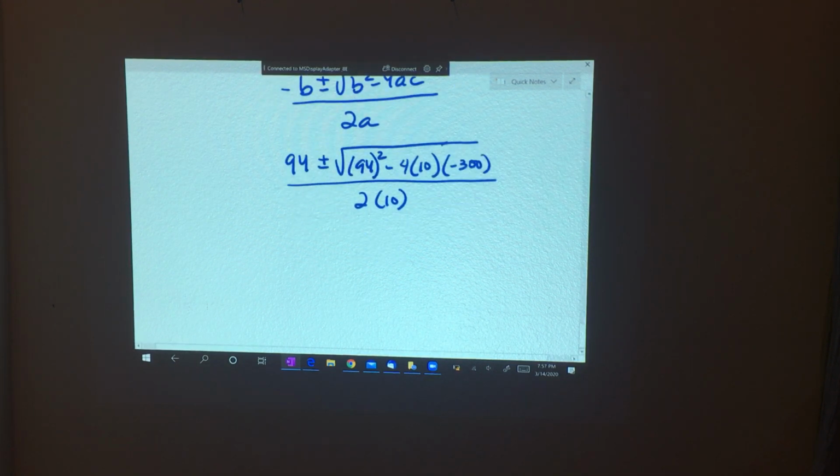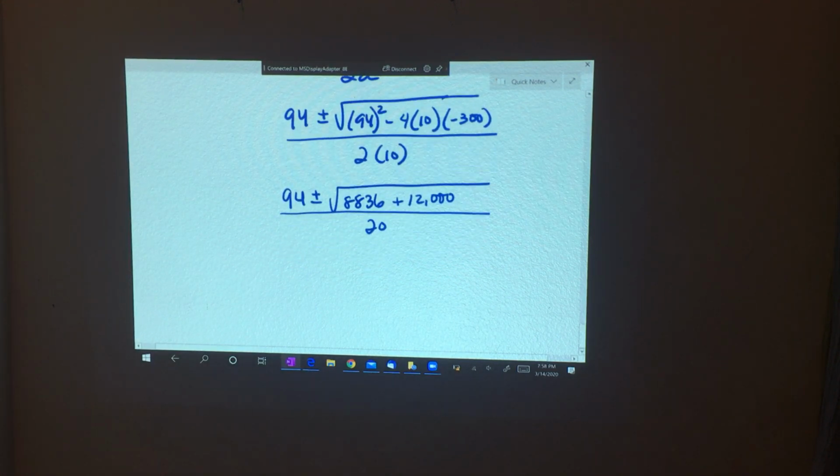Okay, let's just finish up here. So I'm going to tell you some numbers. 94 squared is 8,836. And I've got a negative times a negative, that's a positive. 4 times 10 is 40, times 300 is 12,000, over 20. Okay, so this becomes 94 plus or minus the square root of 20,836.